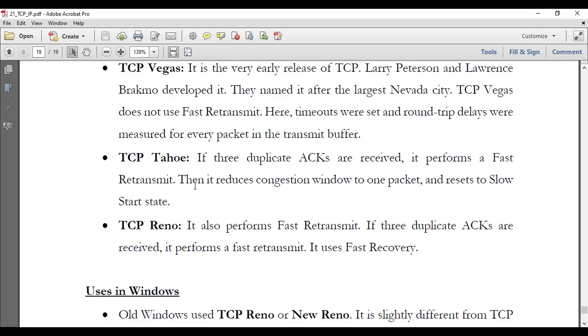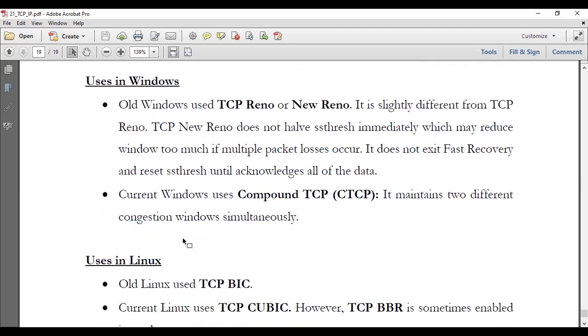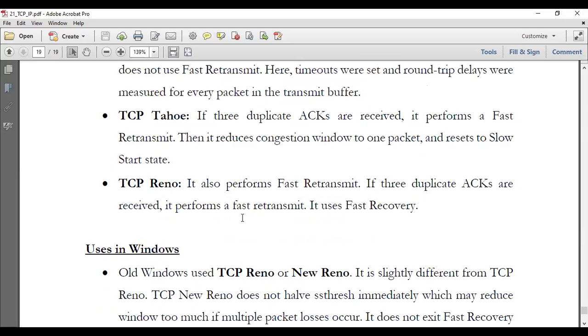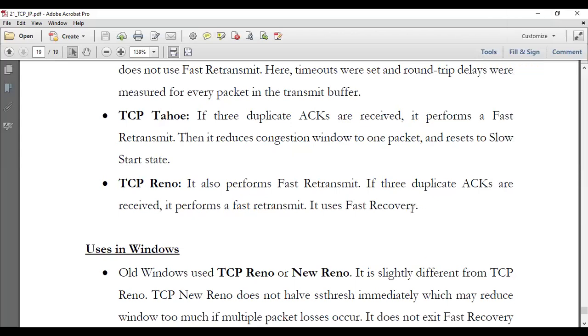And then there are the popular TCP versions, TCP Tahoe and Reno. Now, what we have in Windows and Linux. The early Windows used TCP Reno. In TCP Reno, you have both fast retransmit and fast recovery, and the number of dup ACKs when you use fast retransmit is also 3, as we used in our explanation.